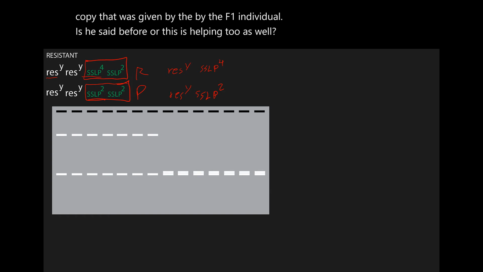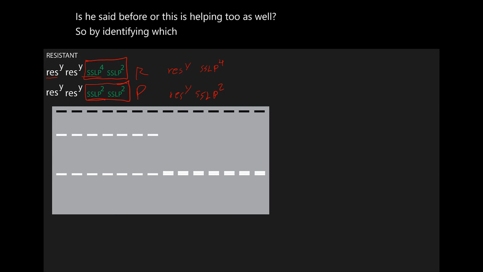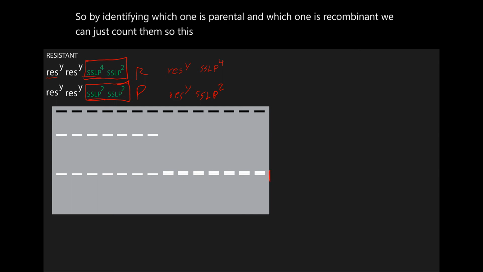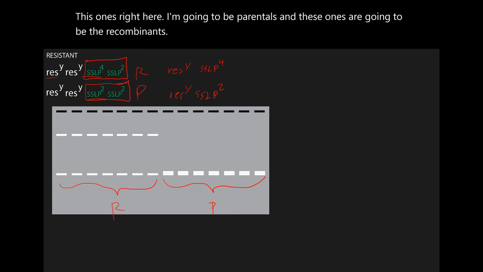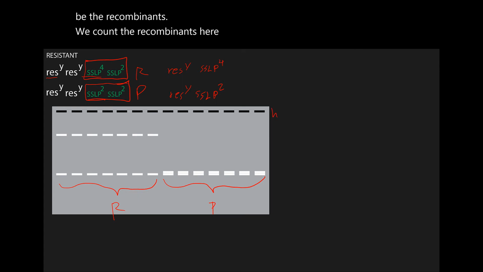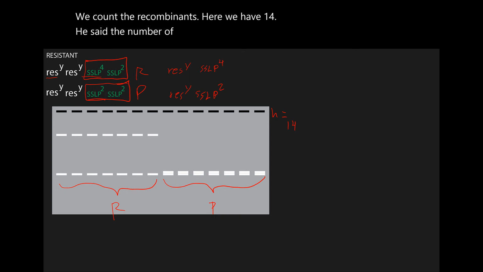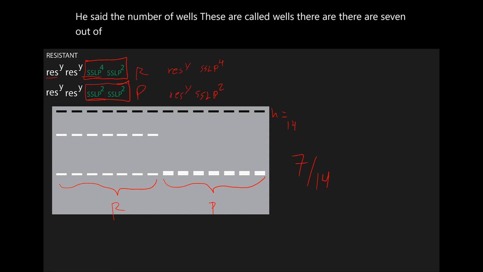So by identifying which one is parental and which one is recombinant, we can just count them. These ones right here are going to be the parentals, and these ones are going to be the recombinants. We count the recombinants. Here we have 14 wells. These are called wells. There are 7 out of 14 that are recombinant.